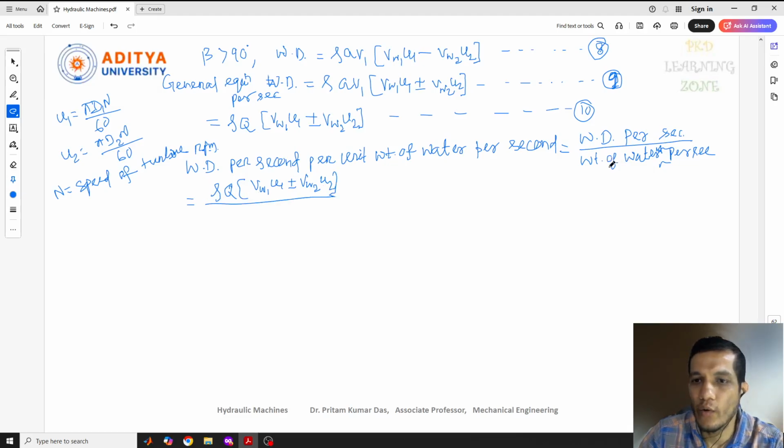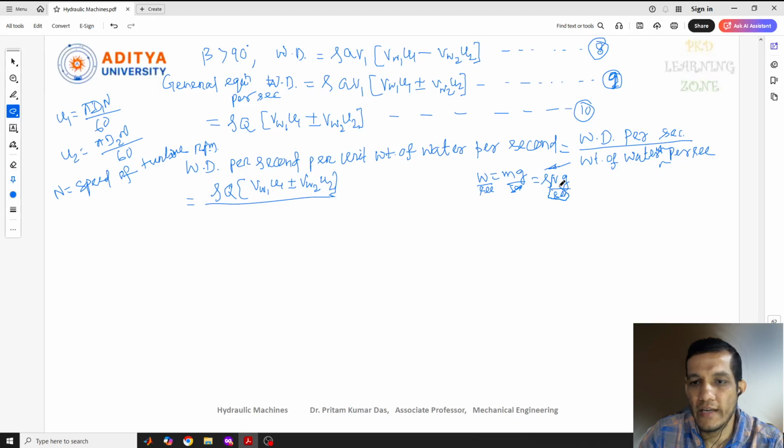What is given in the denominator, weight of water, we can write as W equal to mg. So m we can write as rho into V into g, but weight of water per second is given in per second. Here also I'll write per second.